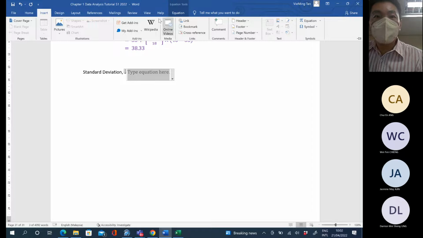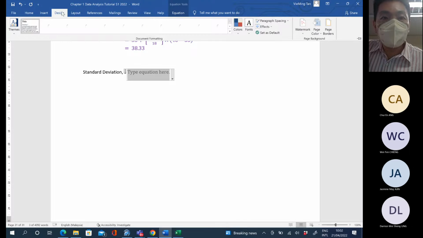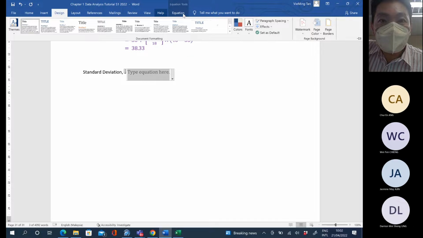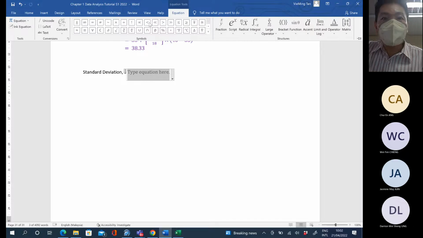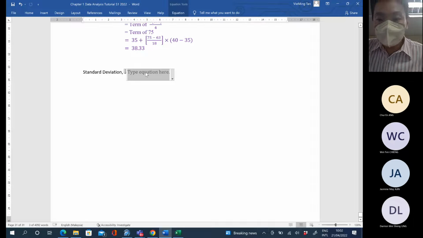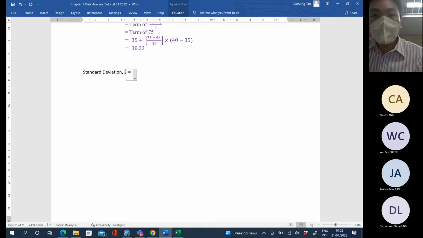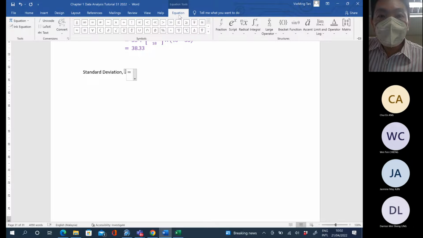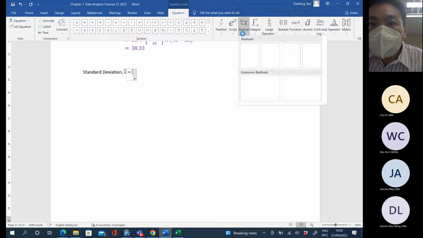Then I can go to design, equation. I type now, equal. I should choose the square root, this one.